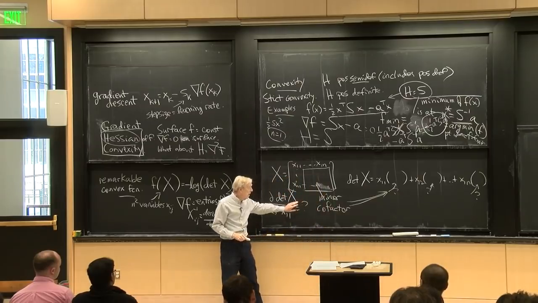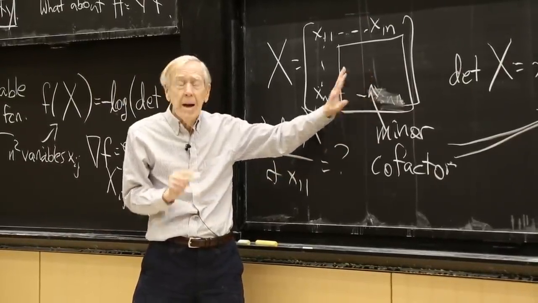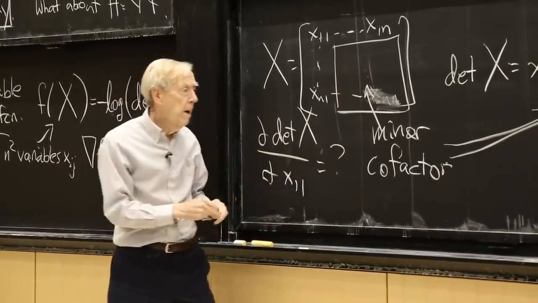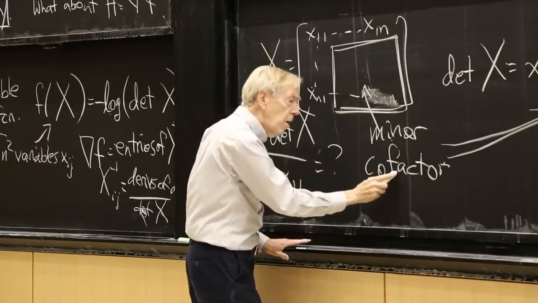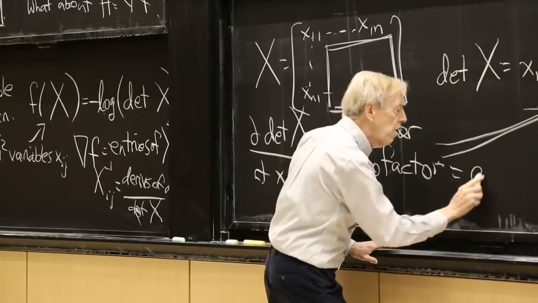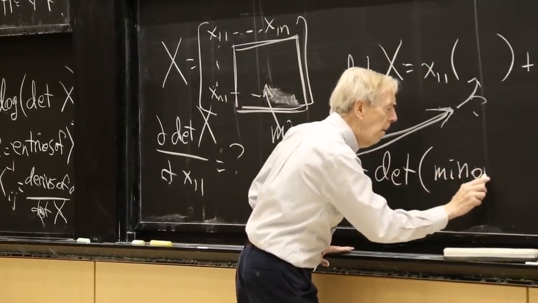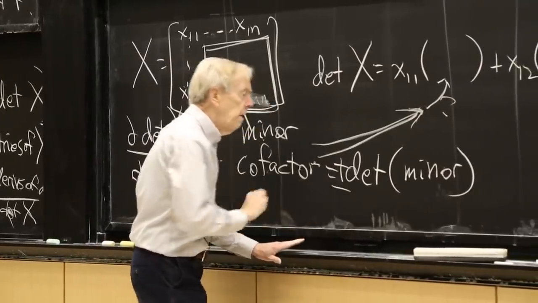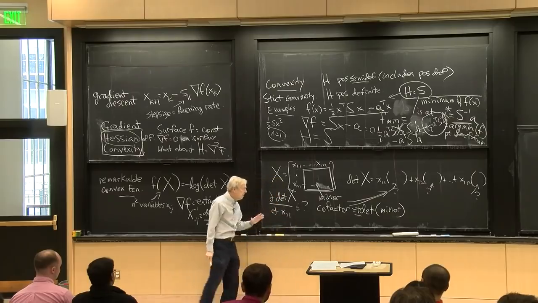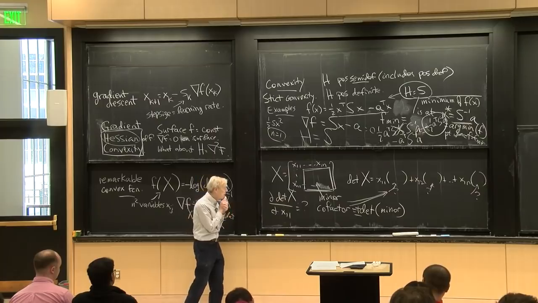Maybe I think of the minor as this smaller matrix, and the cofactor is the determinant of the minor. And there's a plus or minus. With everything about determinants, there's a plus or minus choice to be made, and we're not going to worry about that.